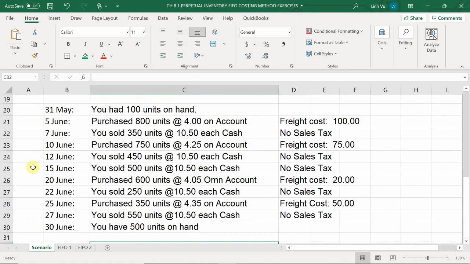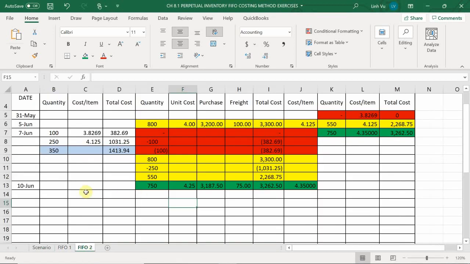Then on June 12th, we end up selling another 450 units at $10.50. So we sold 450 units on June 12th. Okay. So let's go ahead and take a look at our batch of inventory again. So in this case, which batch of inventory am I going to be selling out first?